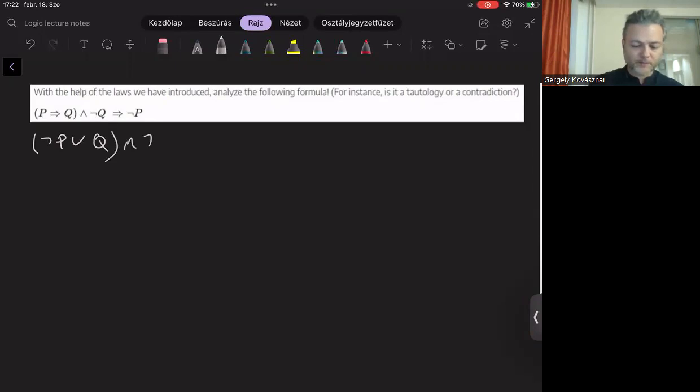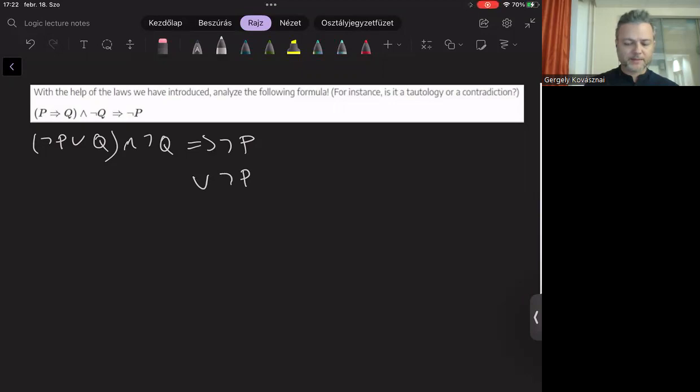Okay, let me just copy the rest of the formula like that. We have another implication here, and we can apply the same law. So we are going to replace it with disjunction and keep the right-hand side. And of course, we also have to negate the left-hand side. And let's not forget about that.